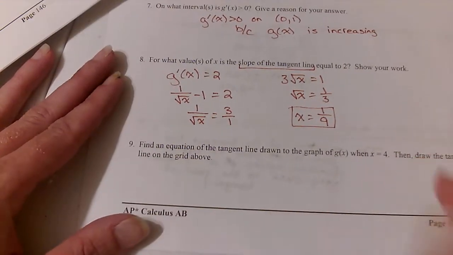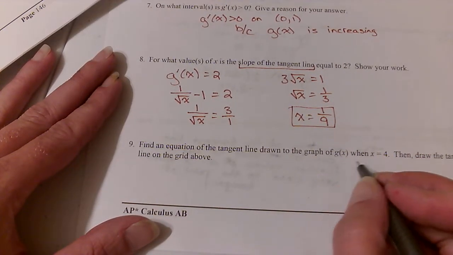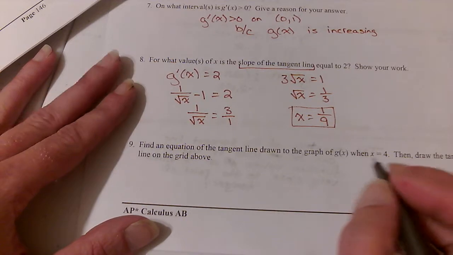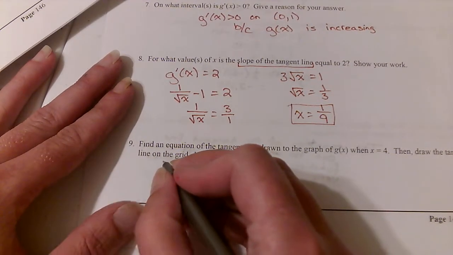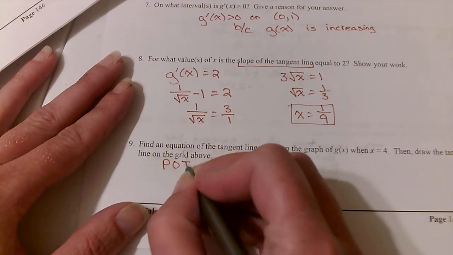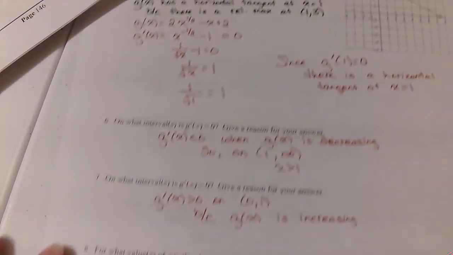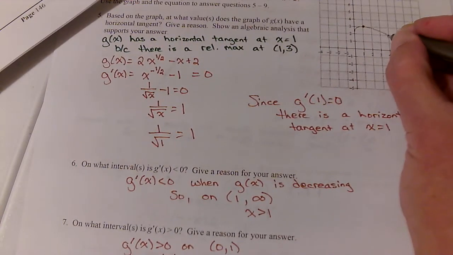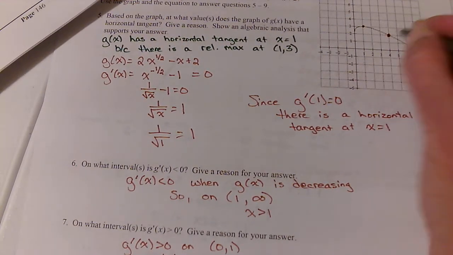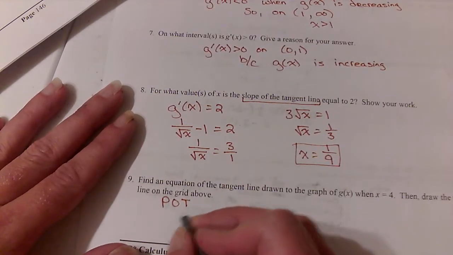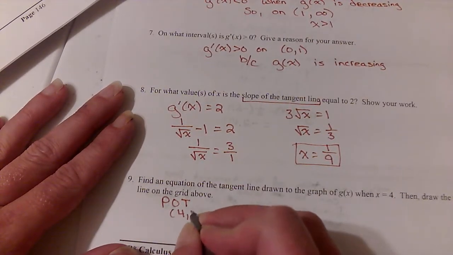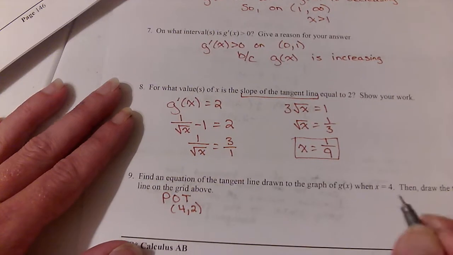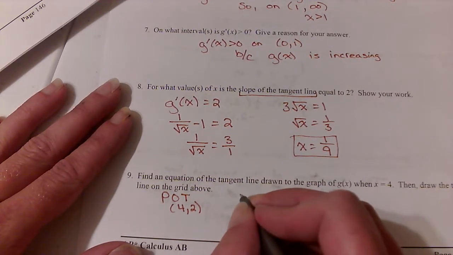Find an equation of the tangent line drawn to the graph of g when x equals 4. So I need my point of tangency, which I can get from my graph. That's (4, 2). I need my slope of tangency.